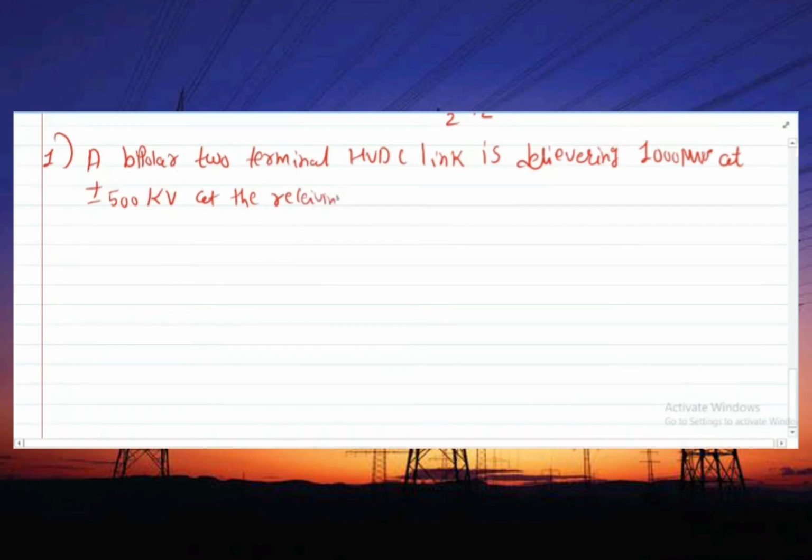The total losses in the DC circuit are 50 megawatt.